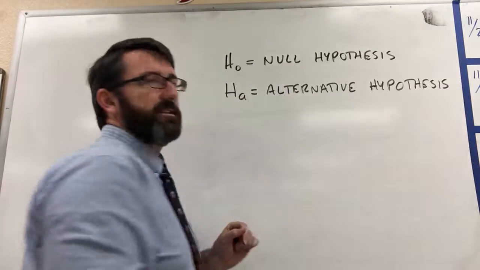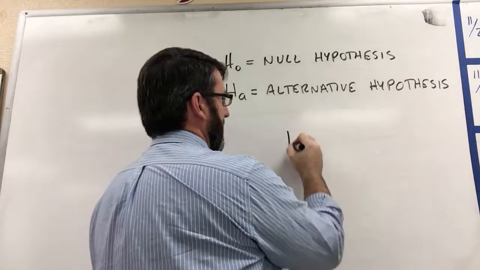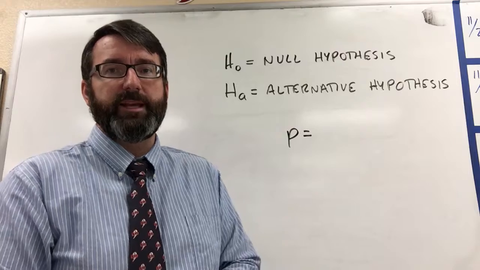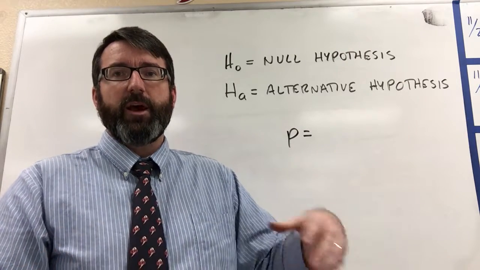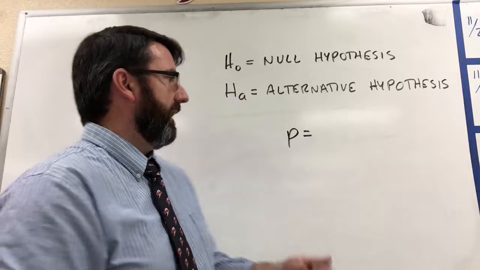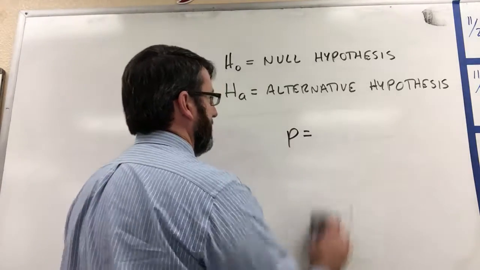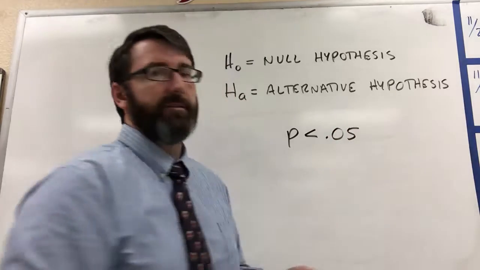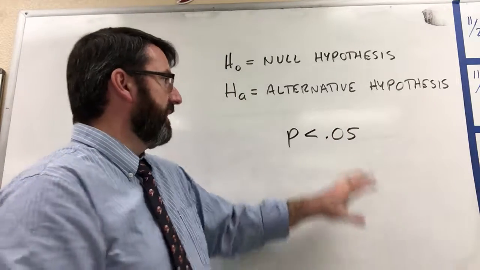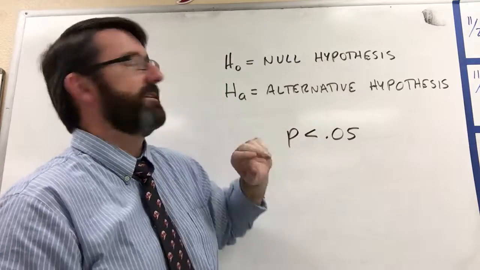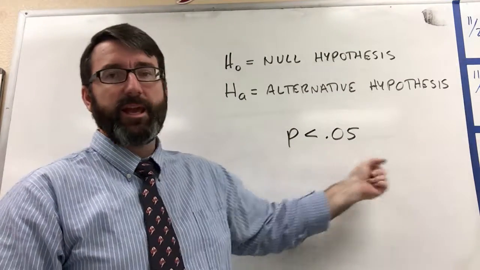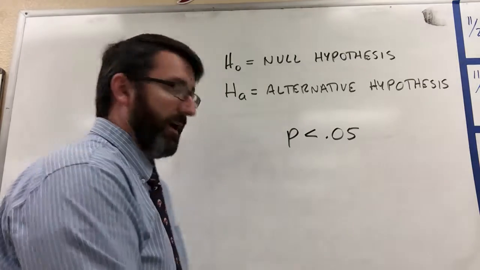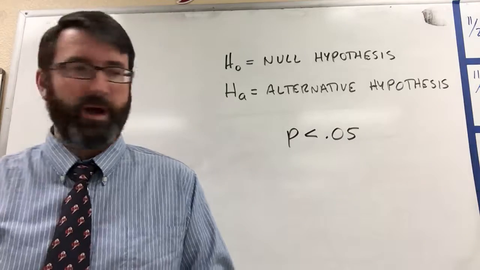We are going to reject the null hypothesis if our p-value, remember from Monday that the p-value is the probability that the difference that we see occurs by coincidence, is less than 0.05. By convention, we are generally going to reject the null hypothesis if our p is less than 0.05. All right, so let's apply this to our problems that we have today.